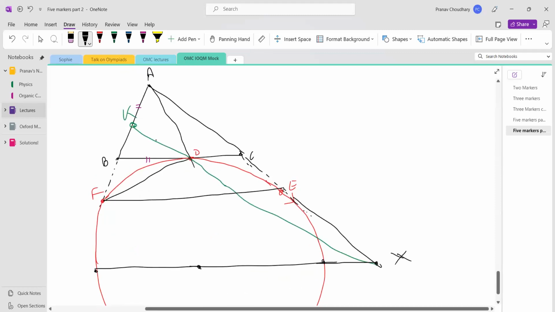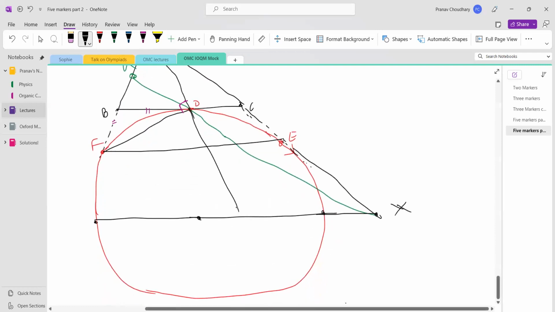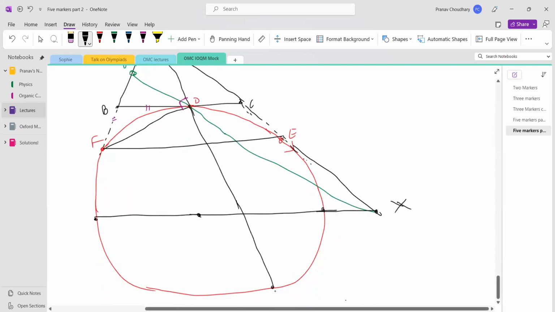Since AB equals BD and BD equals BF, we get that ADF is a right angle triangle with AF as diameter. So we extend this and let it intersect the circle at D dash.